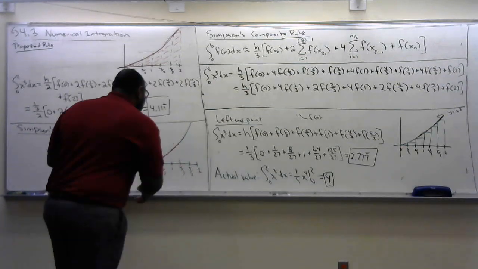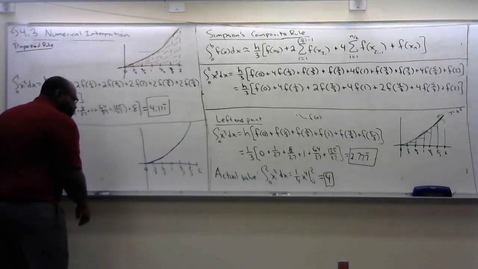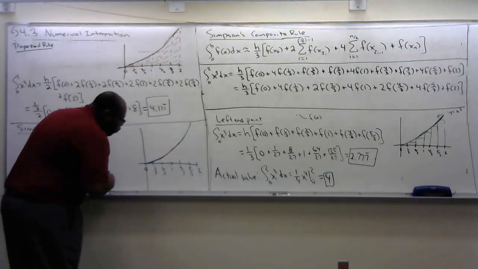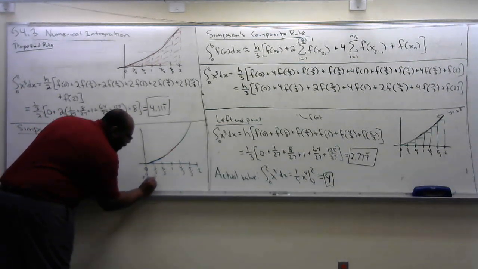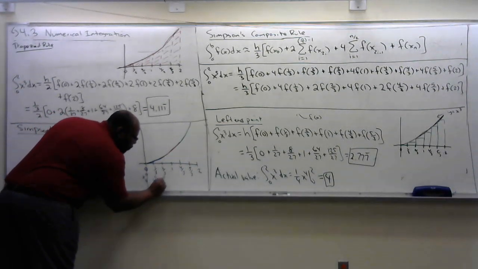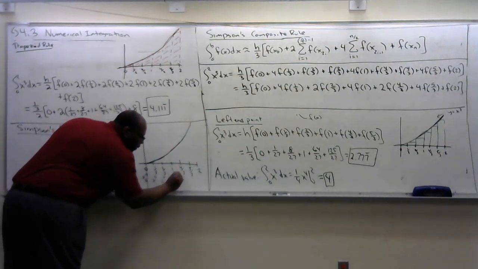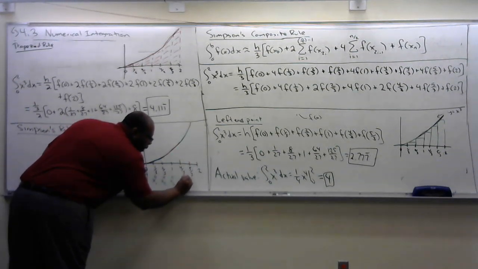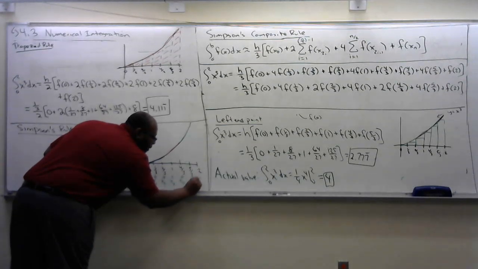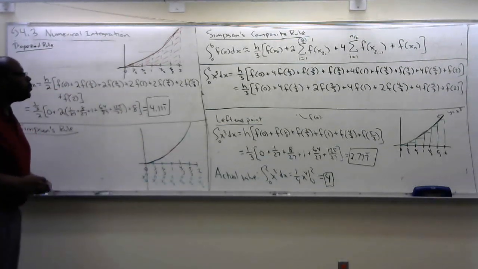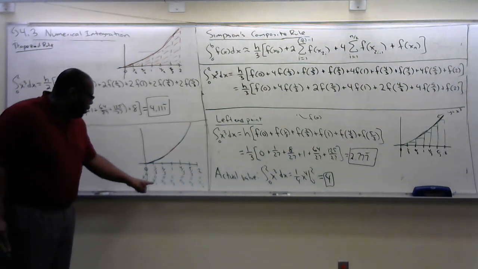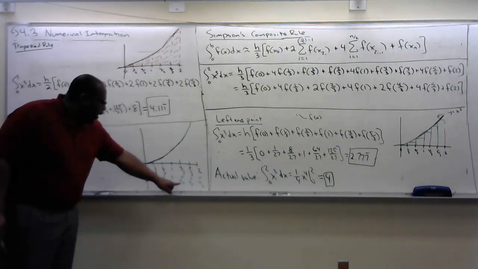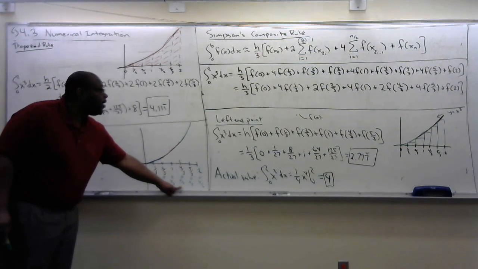So when you look at this, if I were to write this, coming over here, this would be x0, this would be x1, x2, x3, x4, x5, x6. Okay? So my even interior terms, x2, x4, are going to be multiplied by 2.